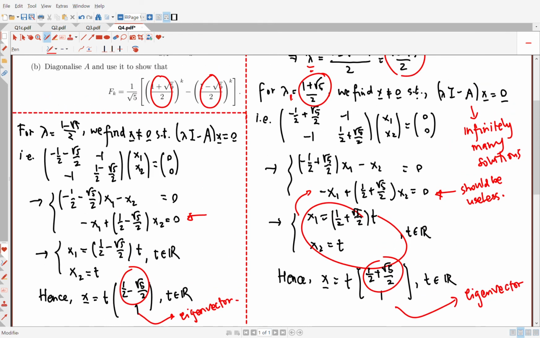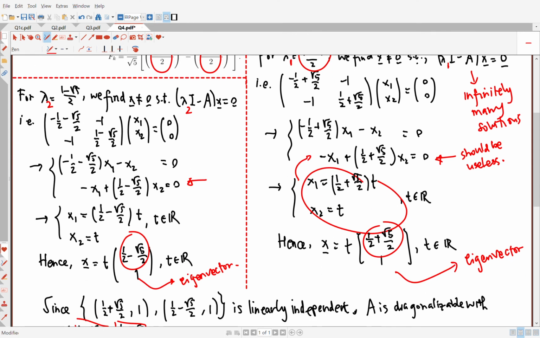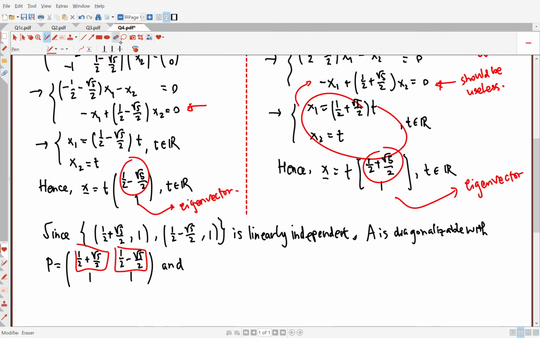This is lambda 1, this is lambda 2, this is lambda 1, this is lambda 2. To make our life easier, I write this in terms of lambda 1, lambda 2, 1, 1.